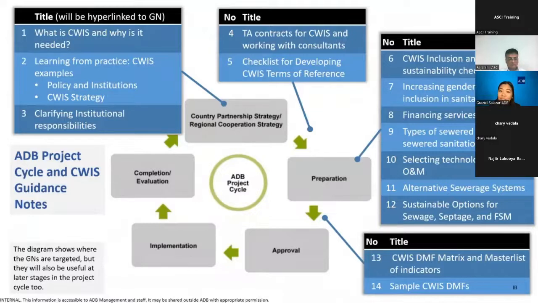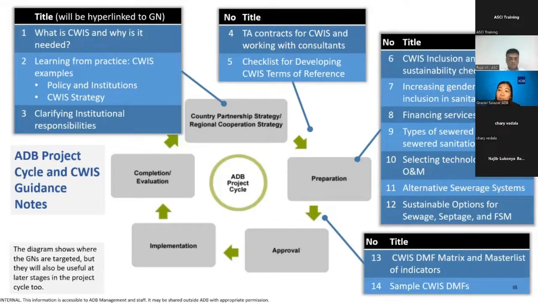And illustrated here are the guidance notes that we have, which are relevant to each project stage. We have various guidance notes in use, ranging from the rationale of having CWIS in projects to inclusion checklists and technology options, as well as sample monitoring frameworks. These tools aid our project officers in project planning and implementation and in ensuring that CWIS elements are included.